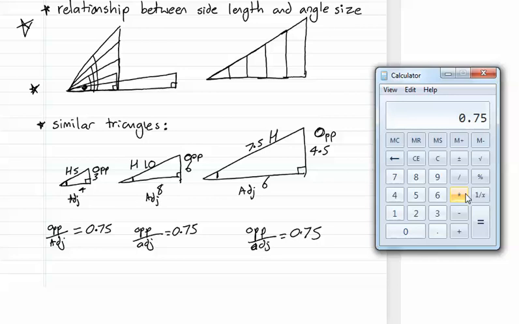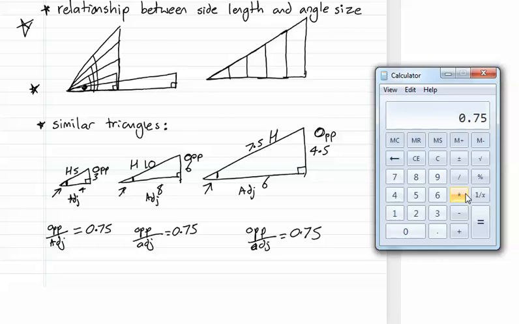We know since these are similar triangles that each of those angles must be equal, and equal angles in right-angled triangles have equal ratios when we do opposite divided by adjacent. We can do the same thing with the other pairs of sides.